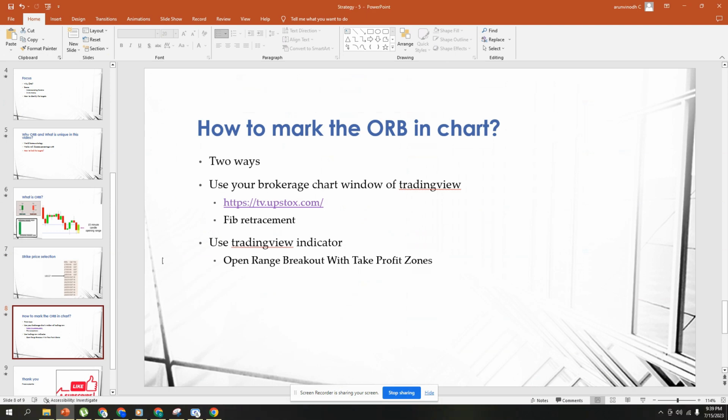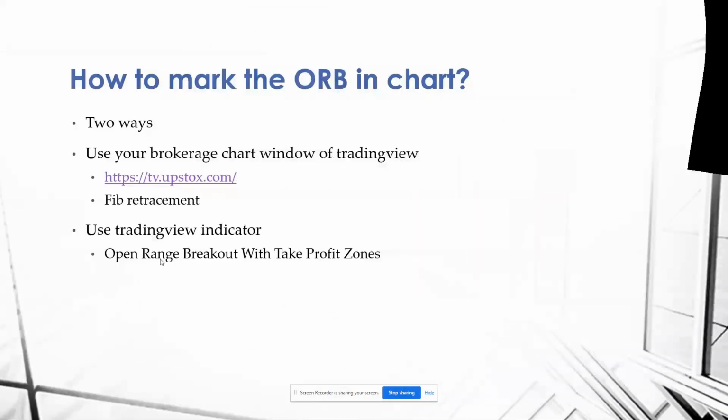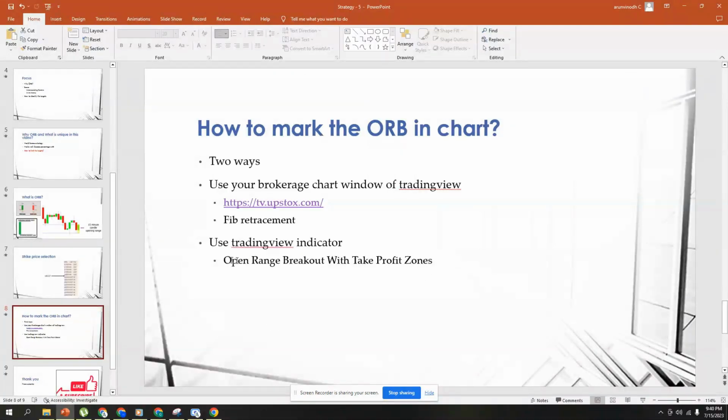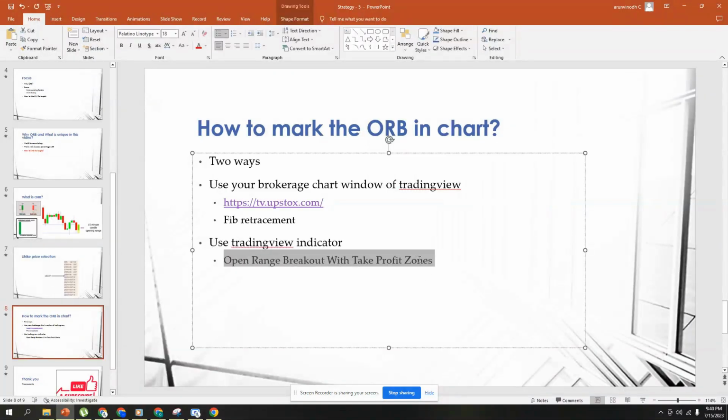Okay, so the second way is using the TradingView indicator. Very important actually. Using the TradingView indicator, there is an indicator called Open Range Breakout with Take Profit Zones. This is an excellent indicator. I'm using it and it is working very well for me.